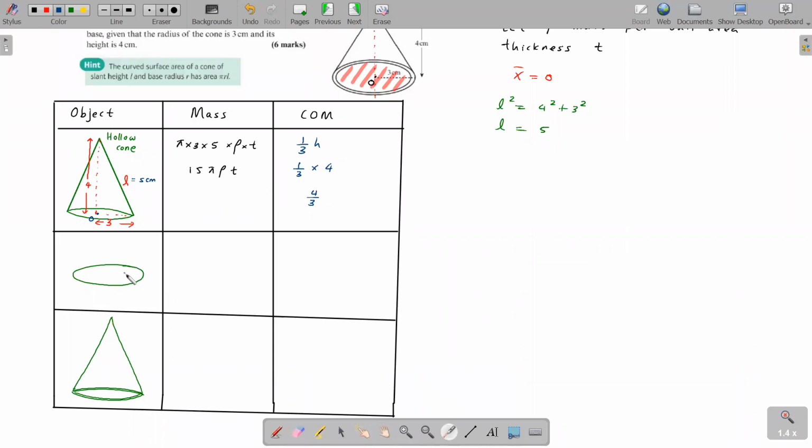All right, guys. So then moving on to the next one, the circular lid. Okay, so this is the circular lid that we are fitting to the cone. So what's the area? Once again, remember mass is proportional to the area. The area is going to be pi r square, right? Area of the circle.